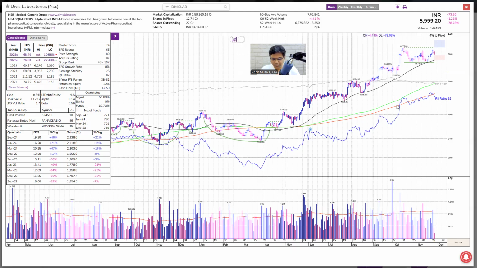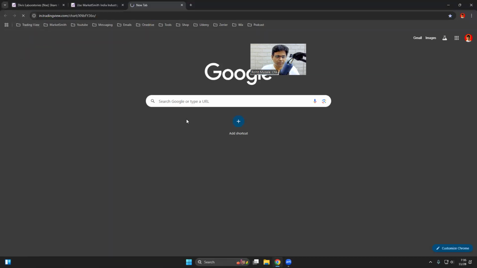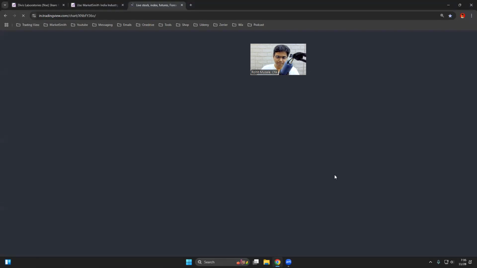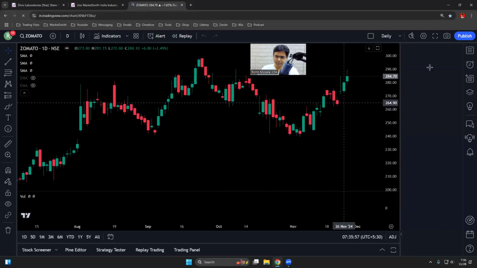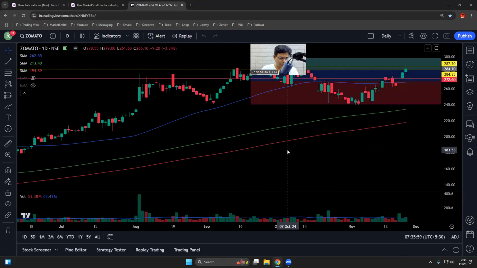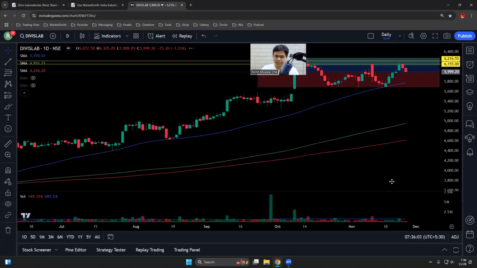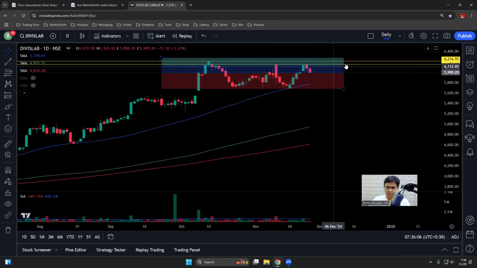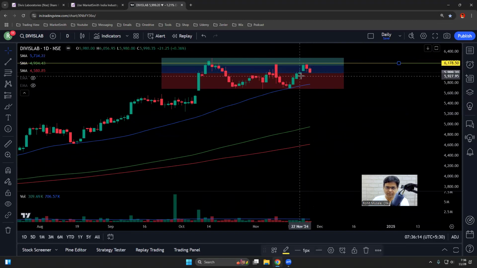So let me take you to TradingView. Let's go to Divi's Labs. So this is the base. Let me remove these yellow lines. I'll put a yellow line here at the high of this candle.